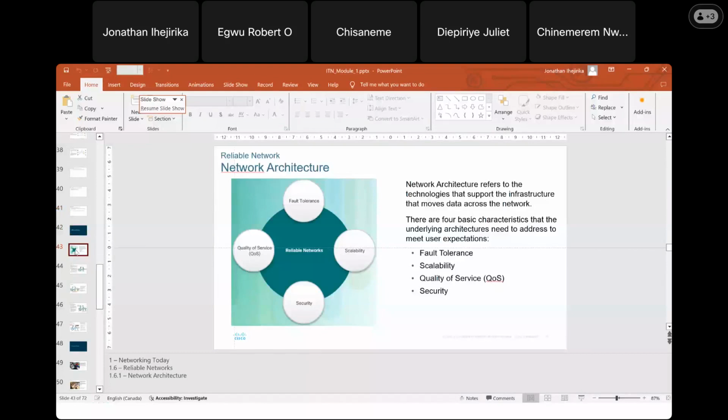Network architecture refers to the technologies that support the infrastructure that moves data across the network. And there are 4 basic characteristics that the underlying architecture needs to address to meet user expectations. And what is that? Fault tolerance. Yes, if it's faulty, how could it be able to tolerate? Scalability, is it scalable?